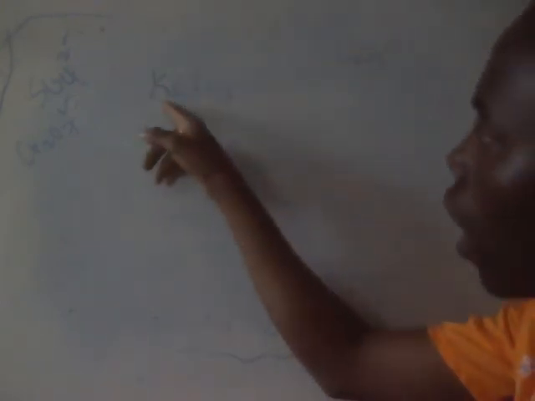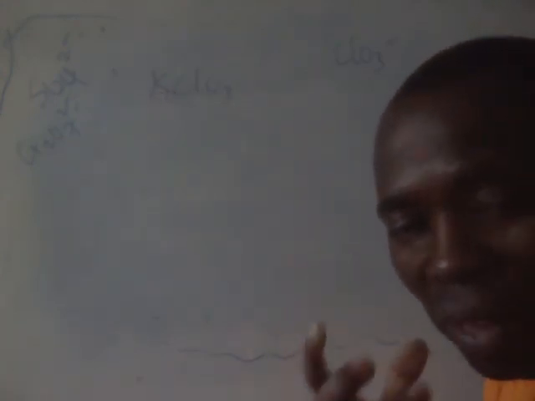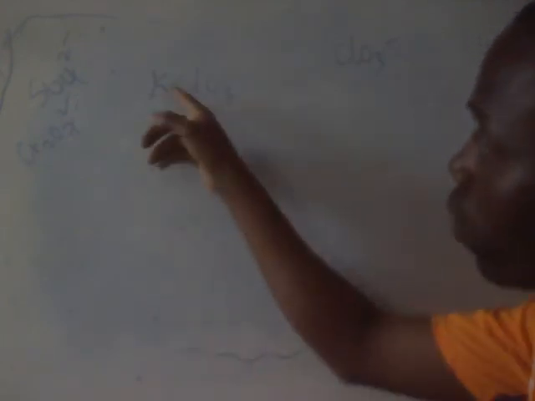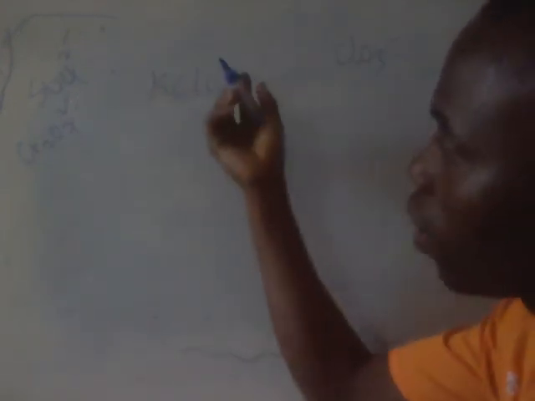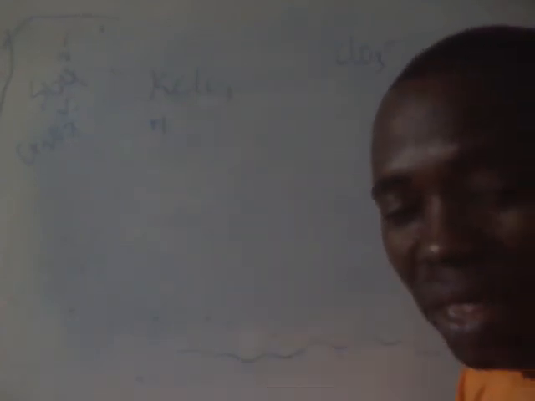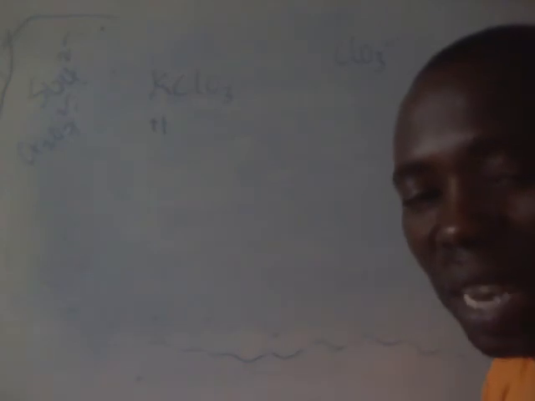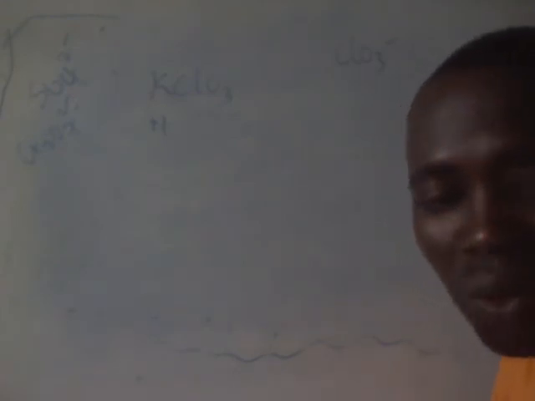So what is the oxidation number of potassium? It is not given, but as a chemistry student, you must know the oxidation number of potassium is +1. Note the difference between valency and oxidation number: valency has no sign, but oxidation number has a sign, either positive or negative.